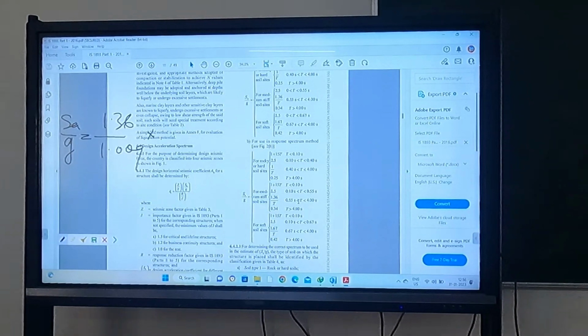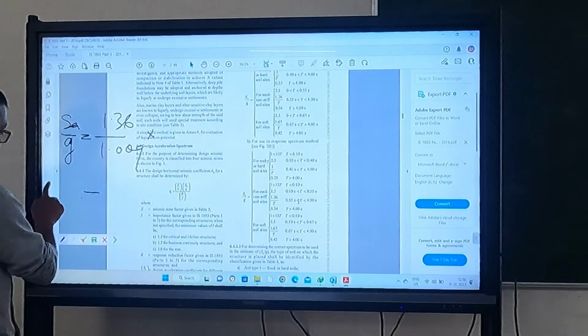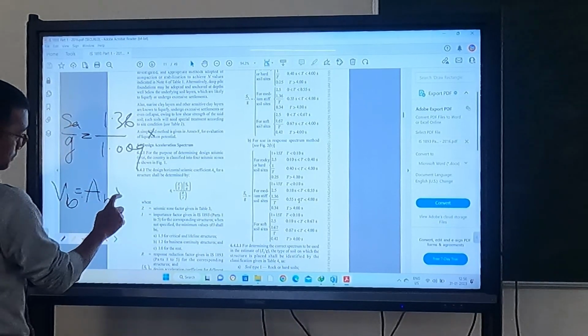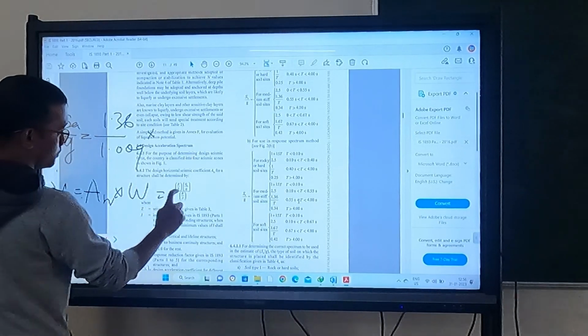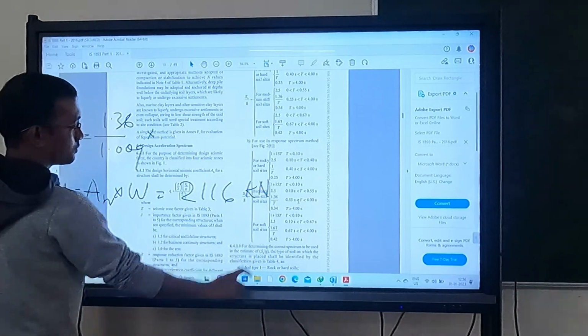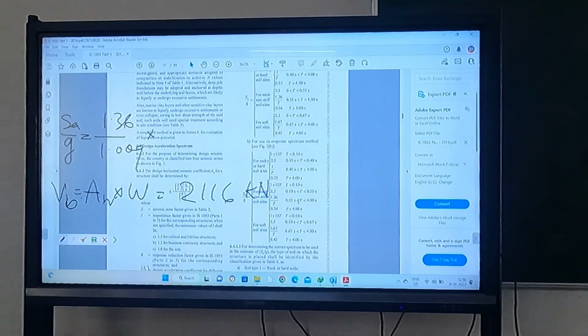So 2116, I guess this is correct. Is it correct? 2116. Now see the software.